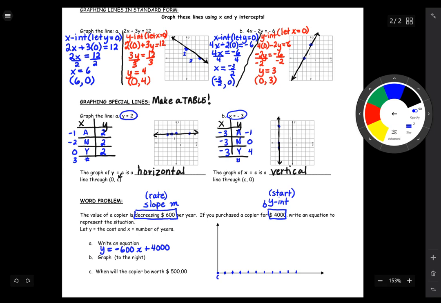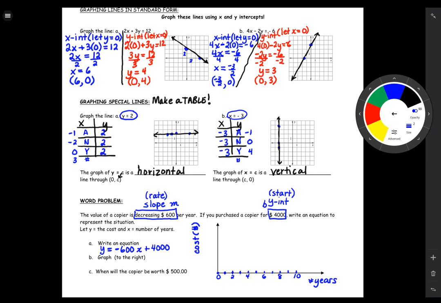So I'm going to label it 0, 2, 4, 6. And your horizontal axis is the number of years. Always label your graphs, always. And your vertical axis is going to be the cost of the copier over the change of time. And cost is going to be in dollars.